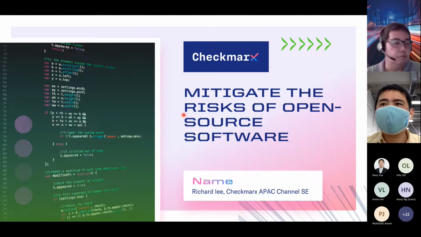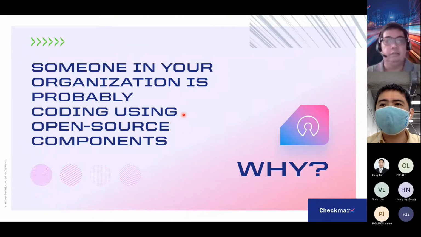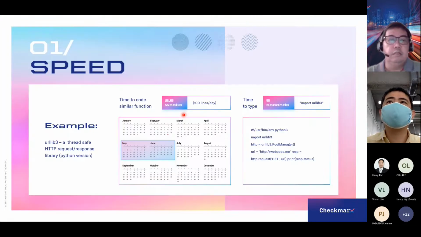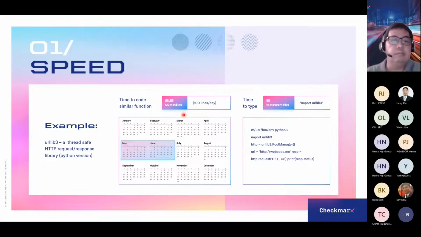Okay. So let me start. Nowadays a lot of developers in your organization are probably using some open source components. And what's the reason they're using open source components? The first reason is speed. If you're a developer, you probably know urllib3 is a thread-safe HTTP request and response library for Python.